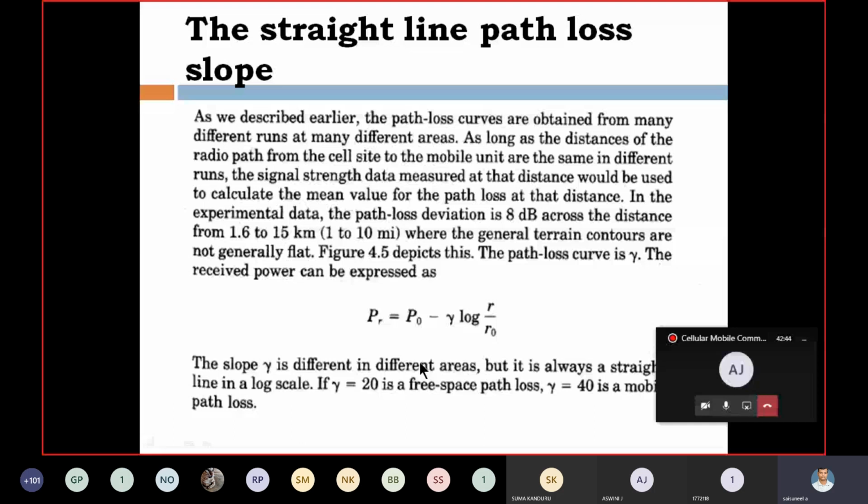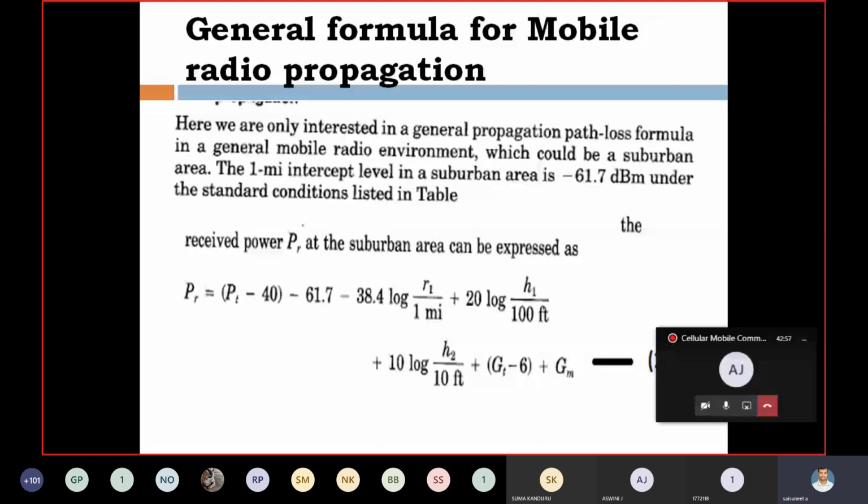Based upon all these conditions, we have to go for the general formula of mobile radio propagation. For this general area model propagation, we have to take a suburban area. The standard loss is minus 61.7 dB, a constant value.